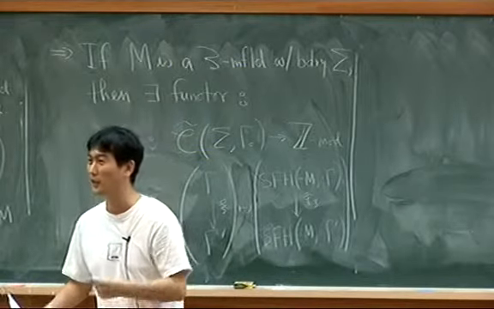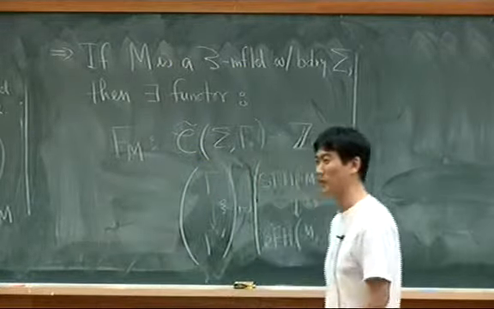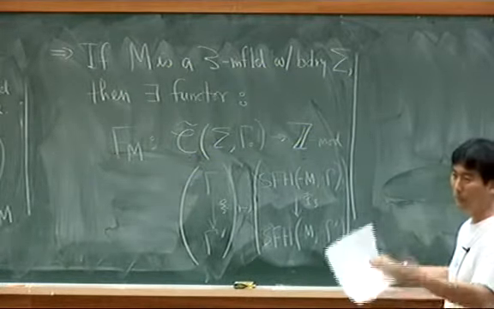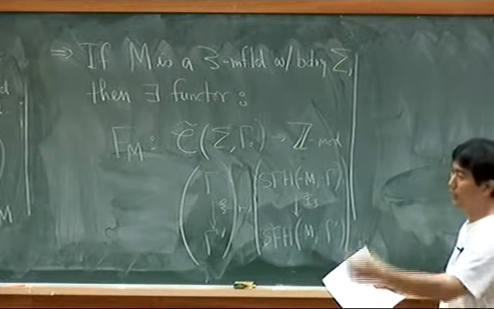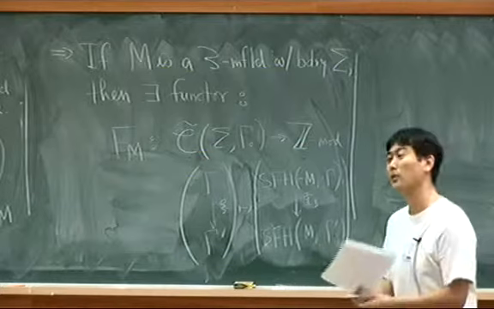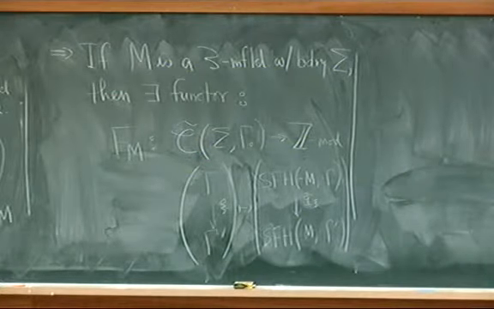That definition I'm not going to say anything about. But for the moment, you can think of it as some sort of receptacle which has fields that are given by contact structures or something.